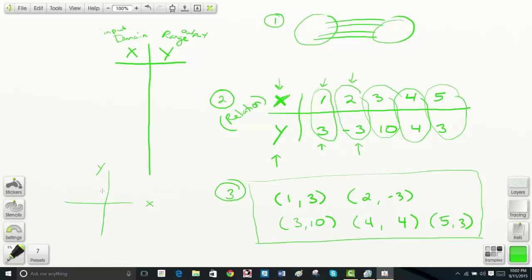So in summary, we're talking about two sets of numbers. The most important vocabulary word you can remember here is domain and range. It's the independent and the dependent sets of numbers, and they're linked together in a relationship where if I give you an input number, you can then say, this is the output that goes with that input.